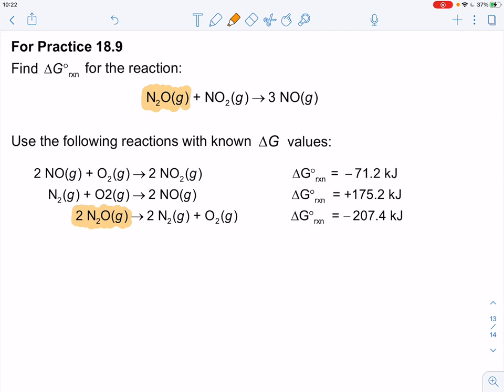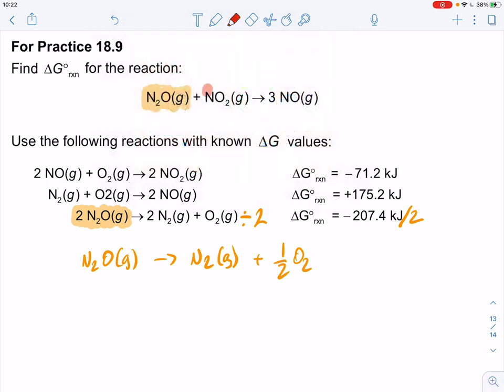So technically you need to divide by 2, which means this enthalpy has to be divided by 2. So if we rewrite this, then we have N2O gas goes to N2 as a gas plus half a mole of oxygen. Remember, you are dividing by 2.